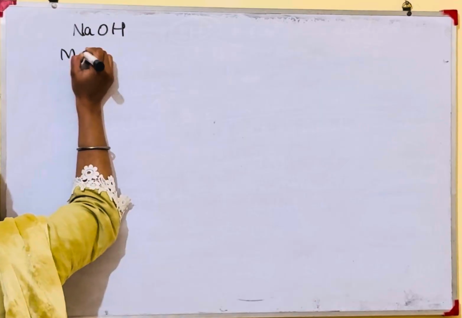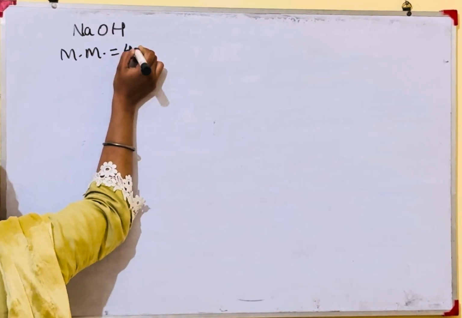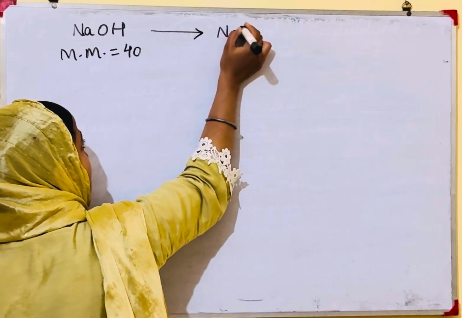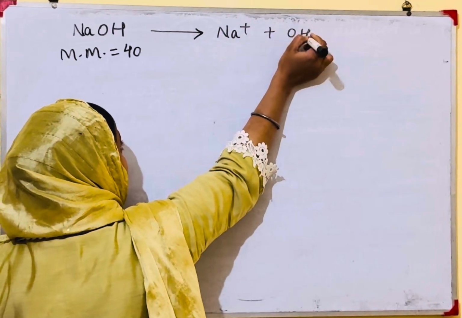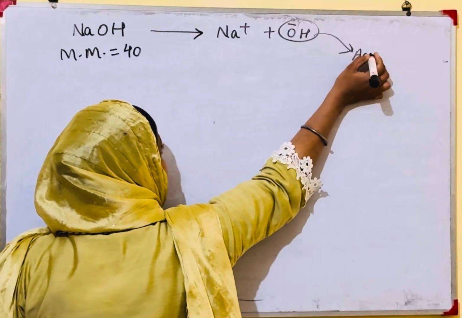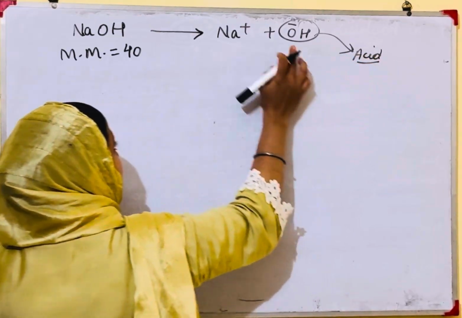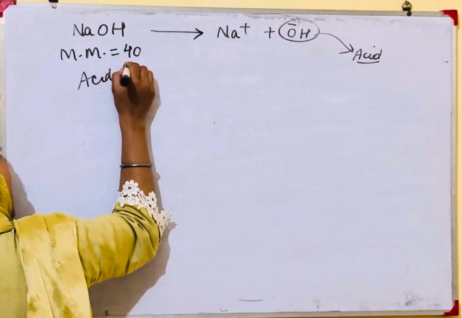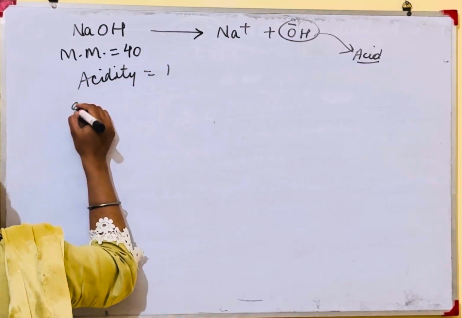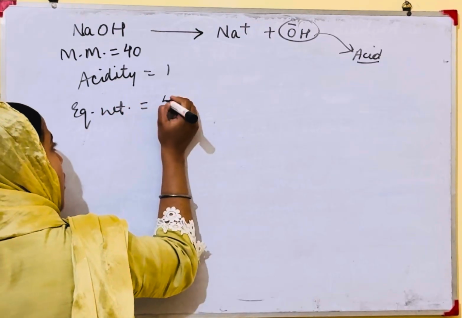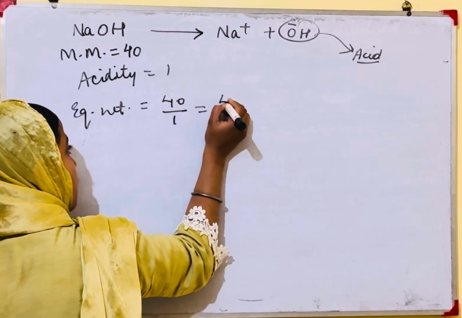Its molecular mass is 40. When it splits, it forms Na positive and gives one OH negative to the acid to combine. So its acidity will be 1. As its acidity is 1, its equivalent weight will be 40 divided by 1, which is 40 gram.